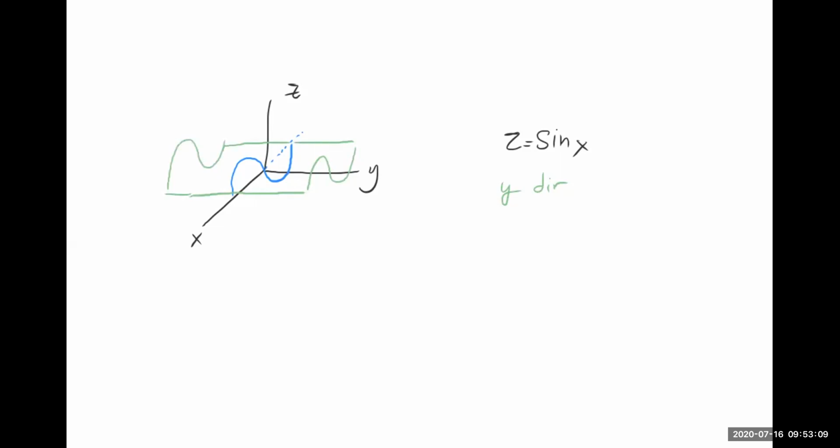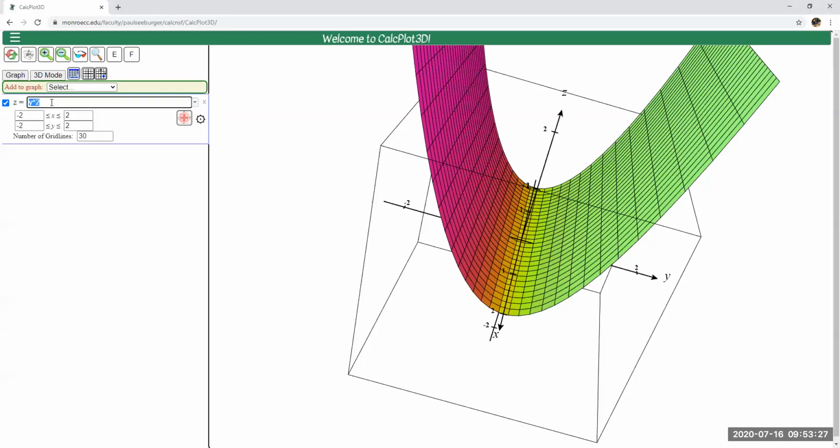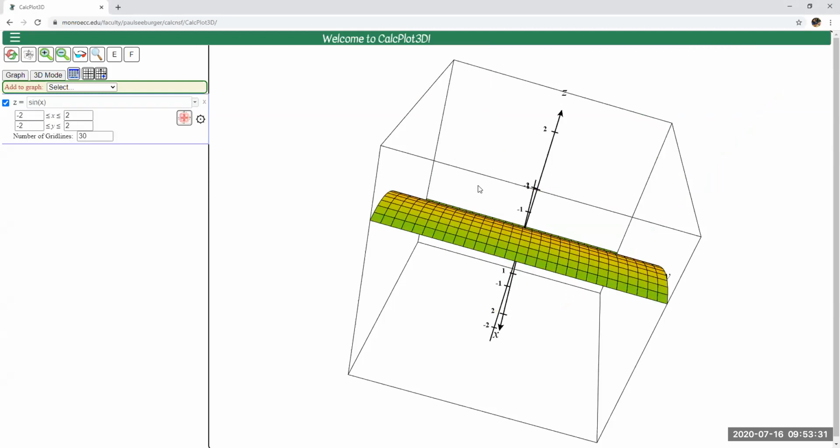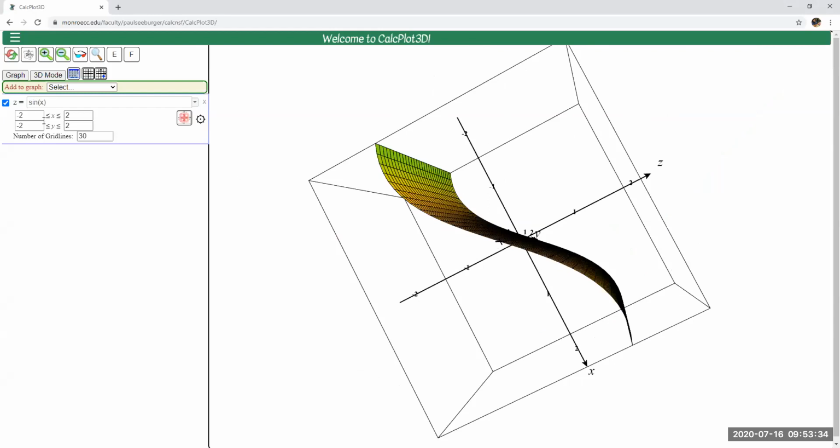Right? That's what we would get. And the equation again is independent of y, so the equation still would be z equals sine of x. Again, we can try to visualize that here too. Z equals sine of x. Well, minus 22 is not enough.